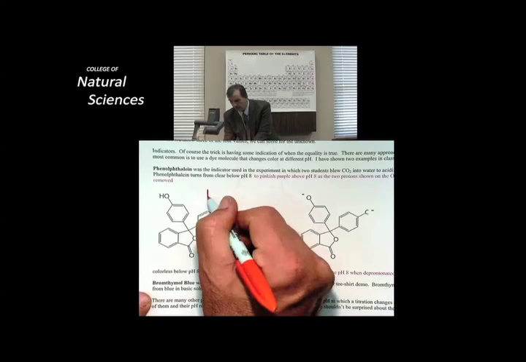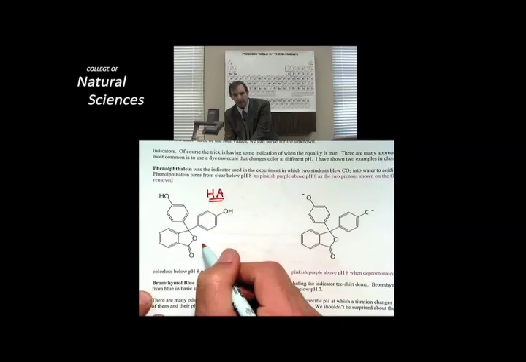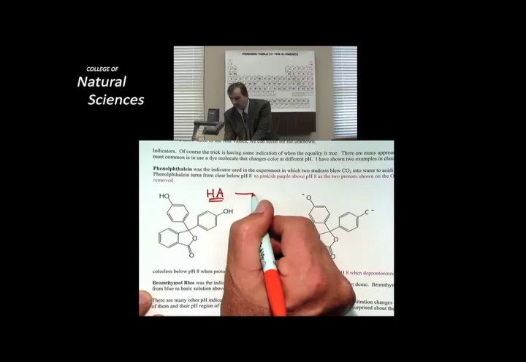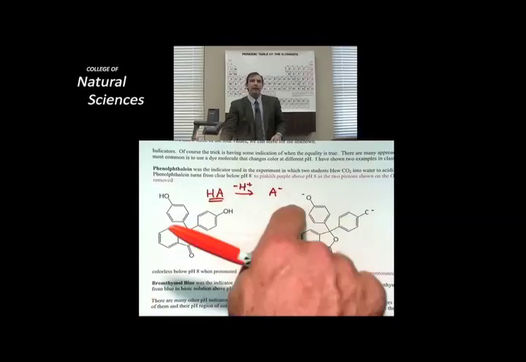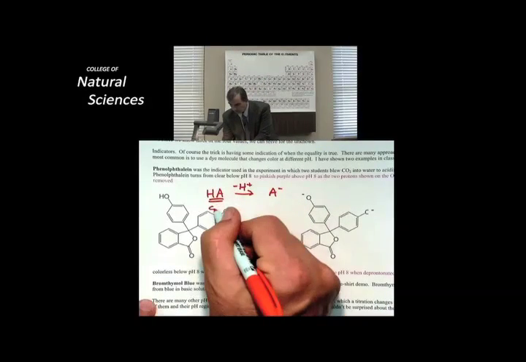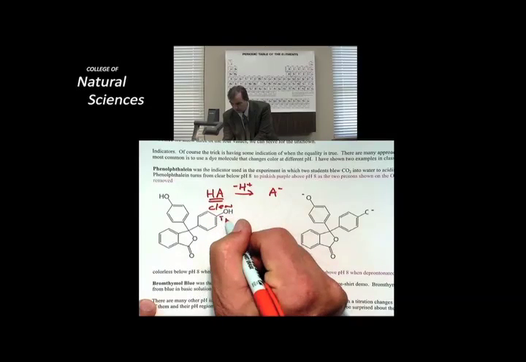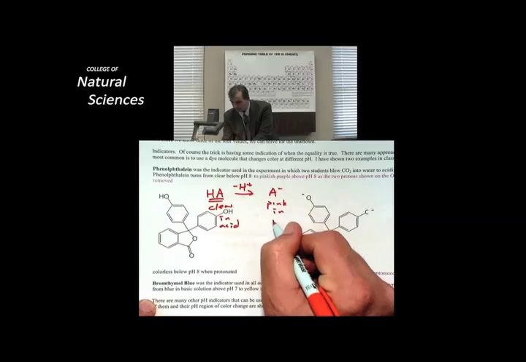Here's this HA, where the proton is sitting on top of the phenolphthalein, this weak acid, and as the proton is removed, we make a base, a weak base, which is pink. So we go from clear in acid to pink in base.